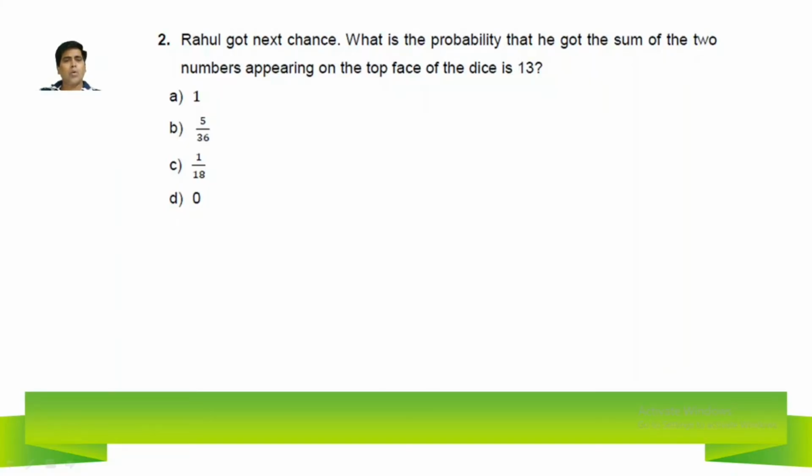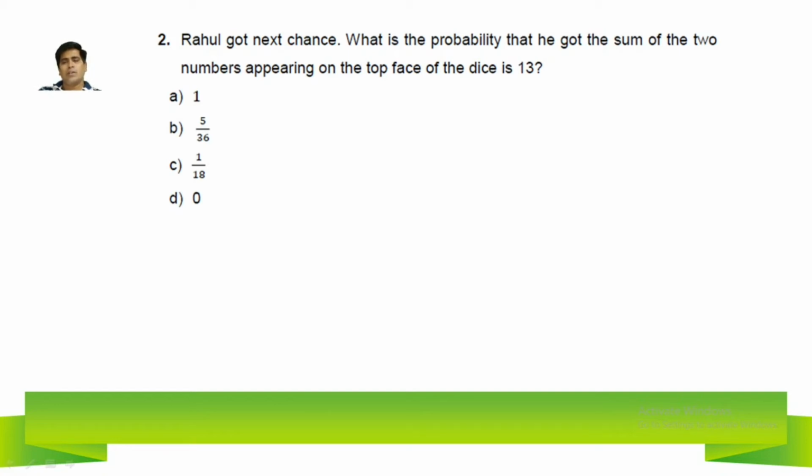So this time Rahul got the next chance. What is the probability that he got the sum of the two numbers appearing on the top face of the die is 13? So it seems to be an impossible event here. Why?